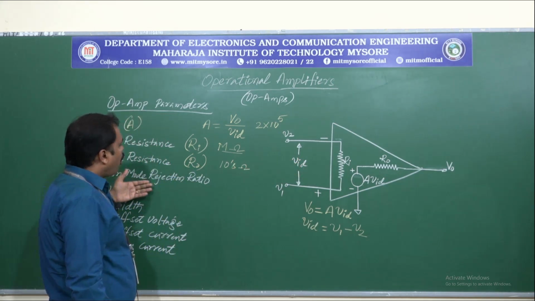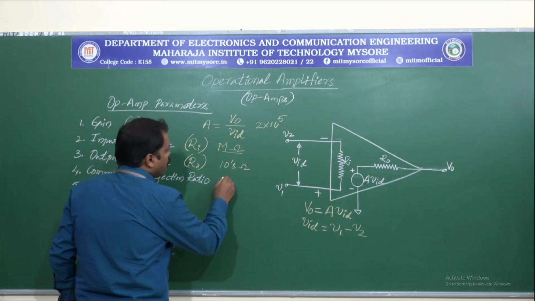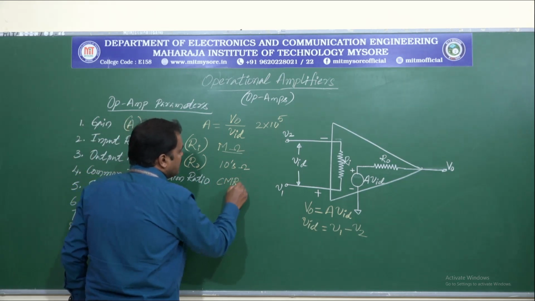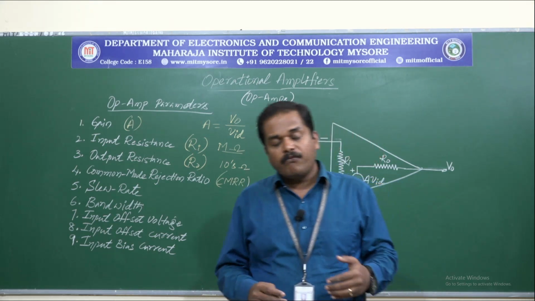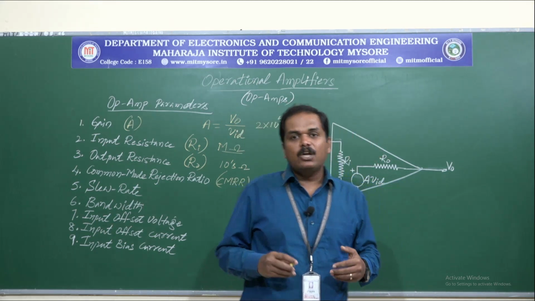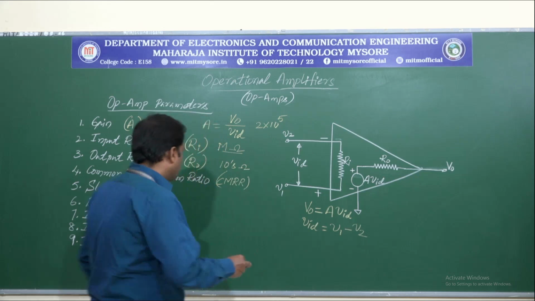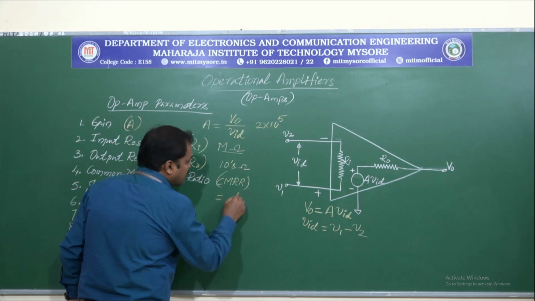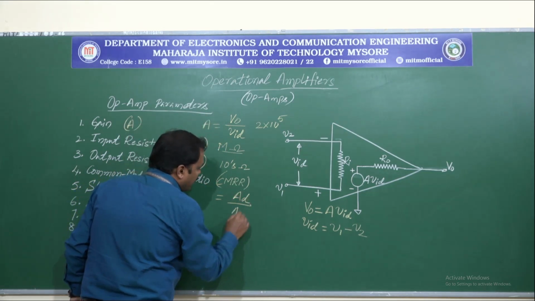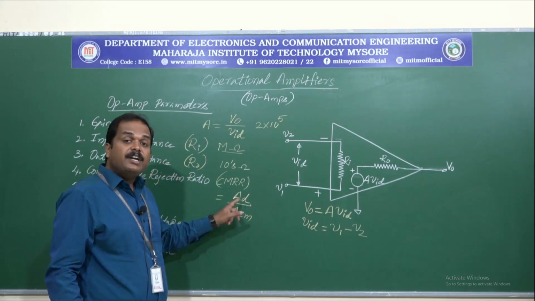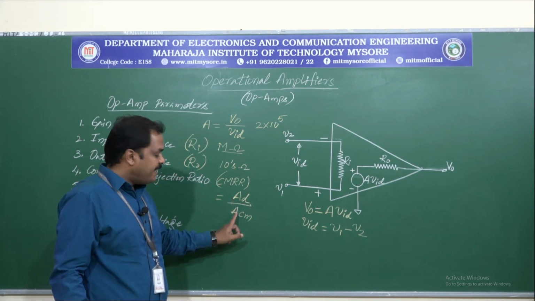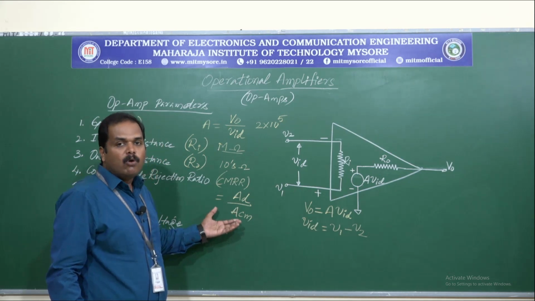And next one is common mode rejection ratio. In short, we represent this as CMRR, defined as the ratio of differential mode gain to the common mode gain. This is represented as AD by ACM, where AD represents the differential mode gain and ACM represents the common mode gain.